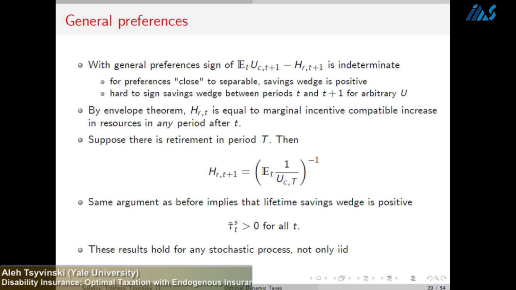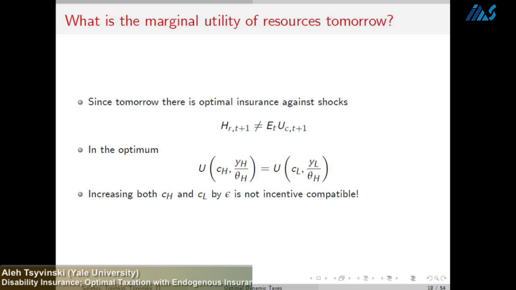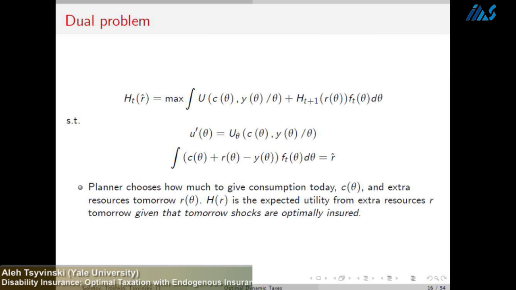You can actually see this. Suppose you find the derivative with respect to c. It has an additional multiplier here. Basically, changing c helps you with the relaxed incentive compatibility constraint, while h is completely separable from this.